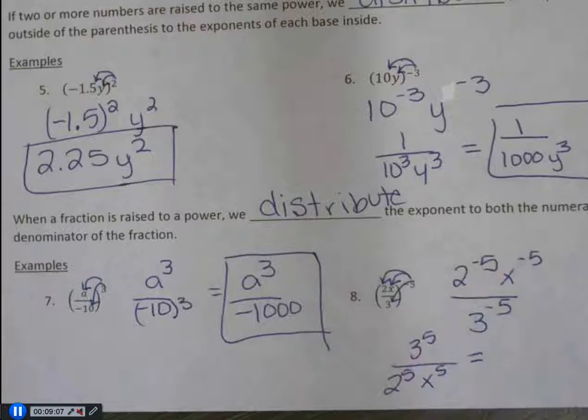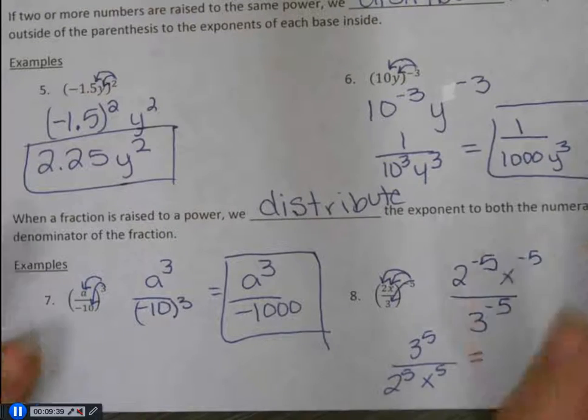And what is 3 to the 5th power? So this is 3 times 3 times 3 times 3 times 3. Yep, 243.